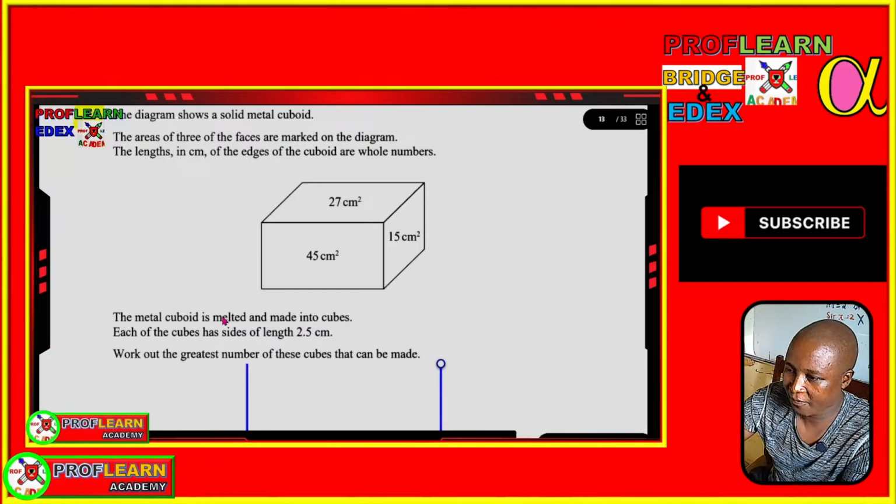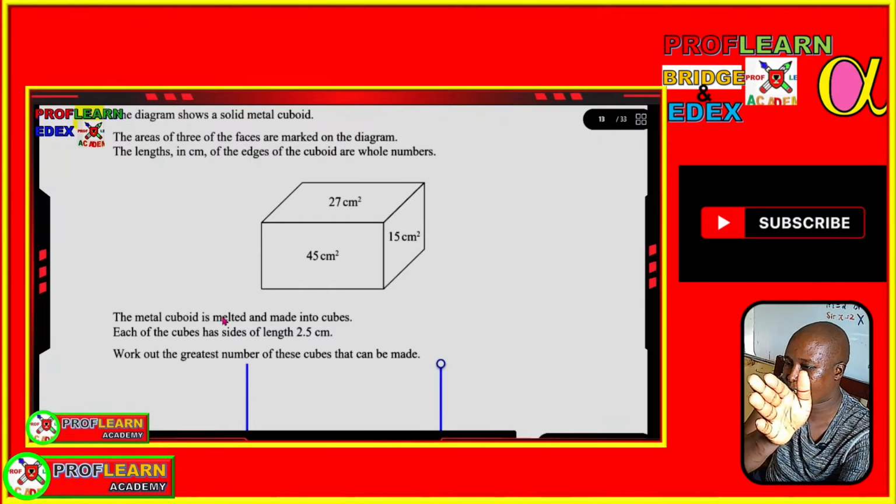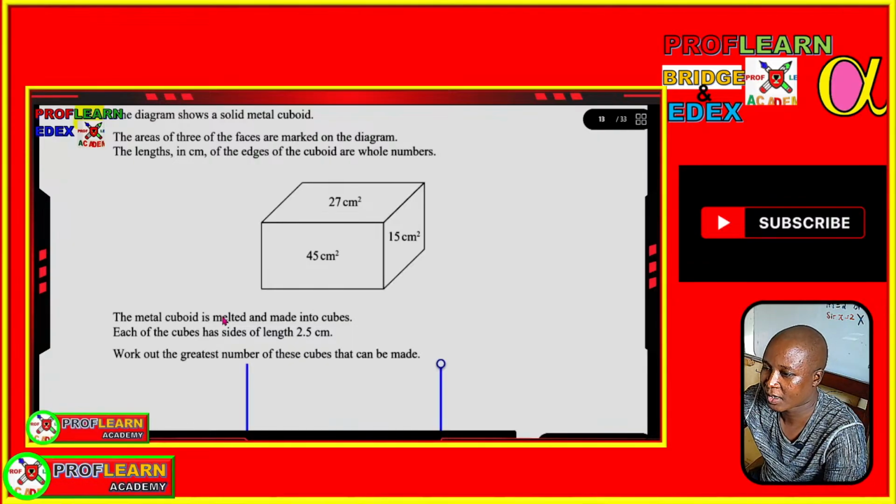Then we have 45, which is the area of the part facing us. And the area on the other end here is 15 centimeters squared. Then we are expected to work out the volume, or the number of cubes that can be made from it.